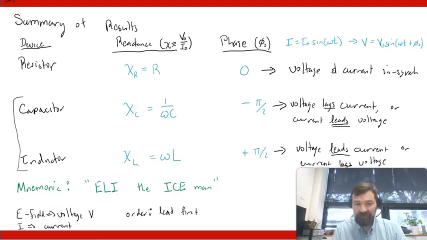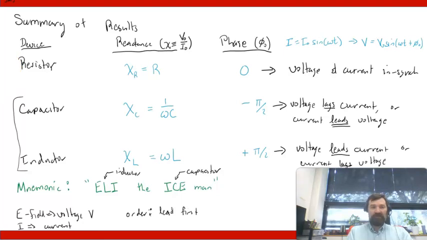In ELI, the E and therefore the voltage comes before the I, or the current, so the voltage leads the current for an inductor. For ICE, the current I is first and the voltage E is last, so the current leads the voltage in a capacitor. So that little mnemonic should help us remember what the phase shifts are for the capacitor and the inductor.